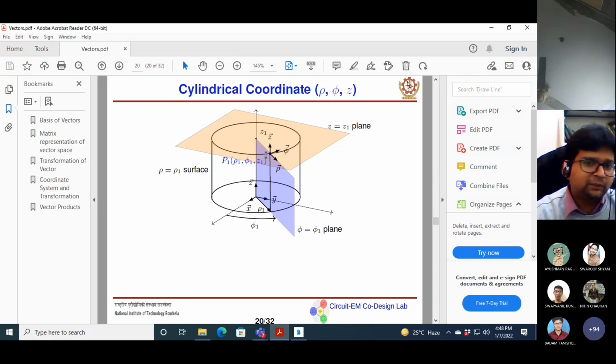Okay, so please remember this one. So you can understand it is basically a rotation of the Cartesian coordinate system by phi amount, and that phi also depends upon where the point is located. Okay.